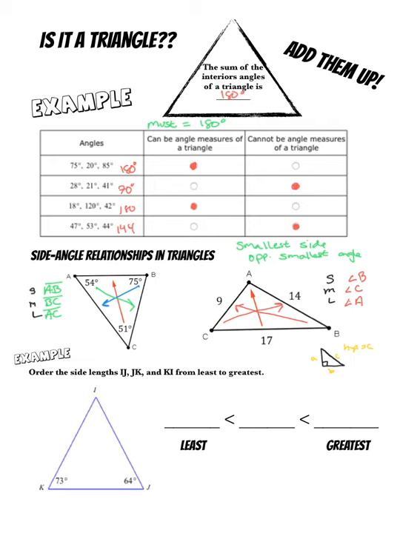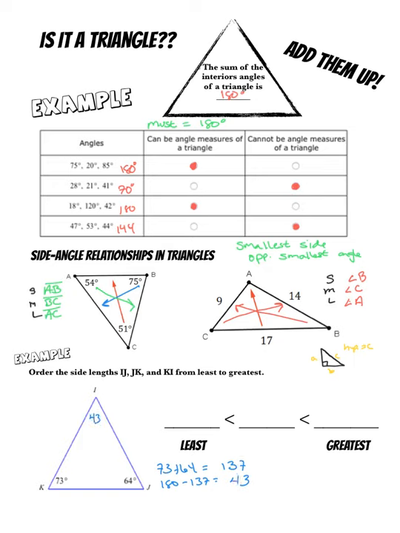Alrighty, now let's do that one. You are going to see a question like this in ALEKS. Sometimes it'll be ordering the sides, sometimes it'll be ordering the angles. So you're going to order the side lengths IJ, JK, and KI from least to greatest. But I only have 2 angles. So you add them up. 73 plus 64 equals 137. 180 minus 137 equals 43.